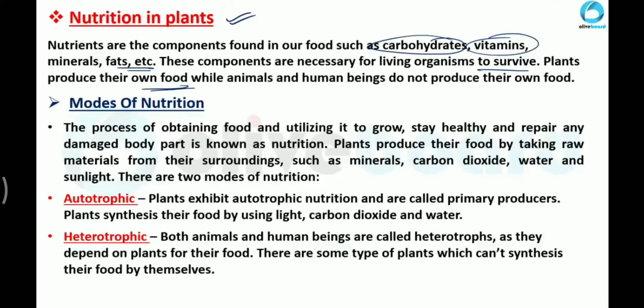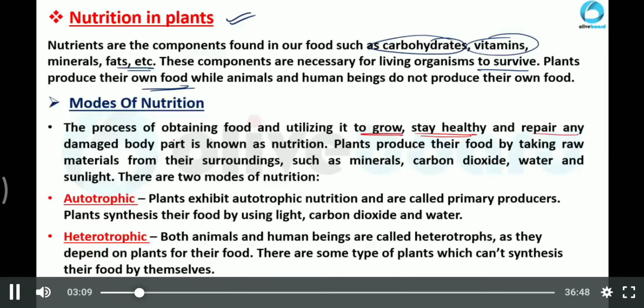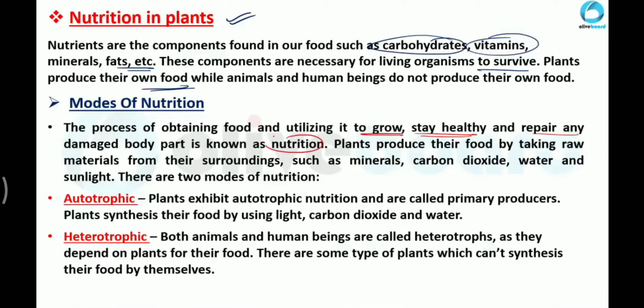Now we will talk about modes of nutrition. Modes of nutrition means the ways to fulfill your requirements. The process of obtaining food and utilizing it to grow, stay healthy, and repair any damaged part is known as nutrition.